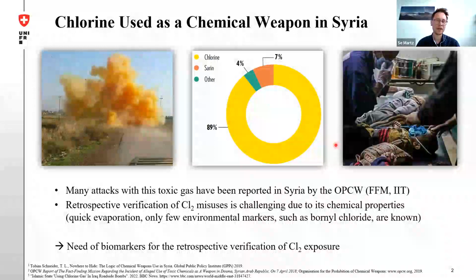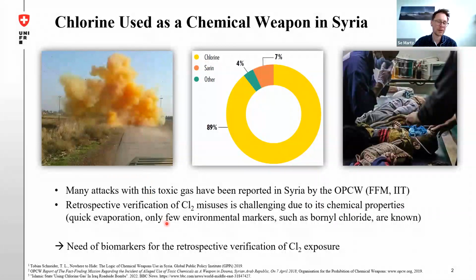And the use of a chemical weapon is prohibited by the Chemical Weapons Convention. In the case of chlorine, it's very hard to trace it back so that it has been used, because chlorine, as you can see, at room temperature is a gas and it evaporates quickly.